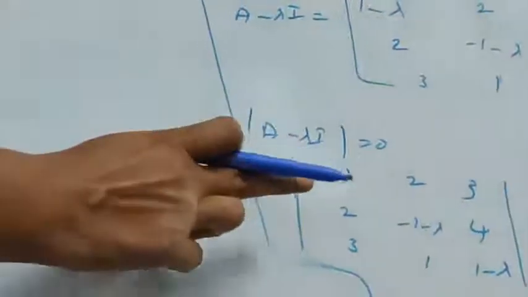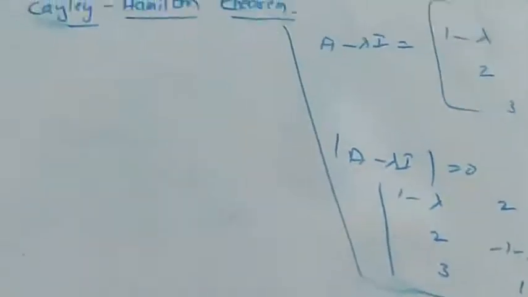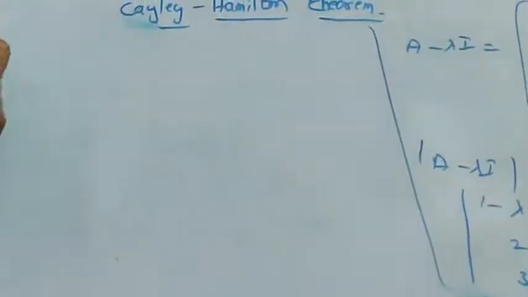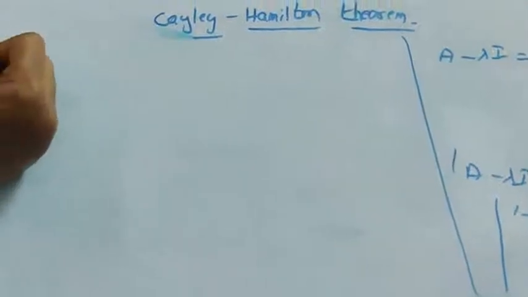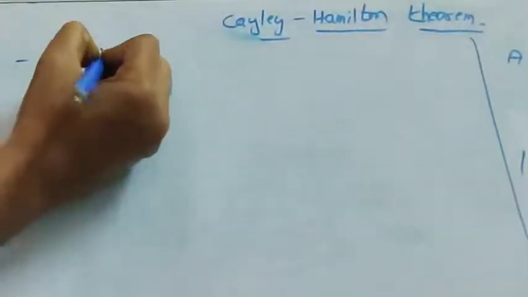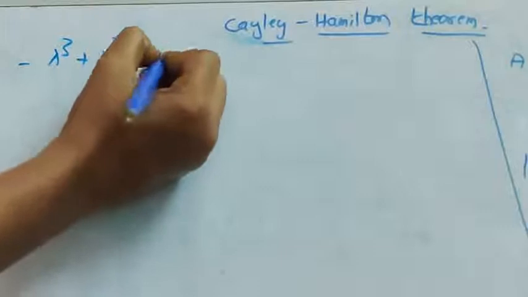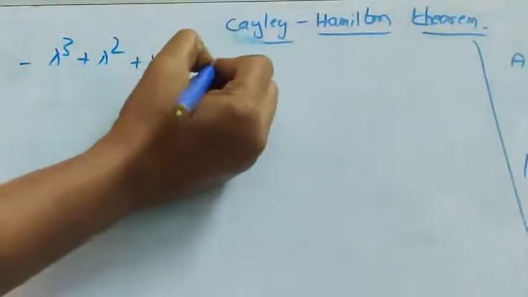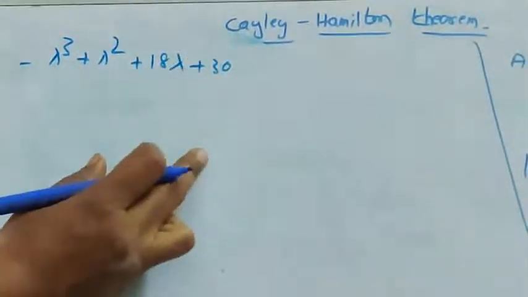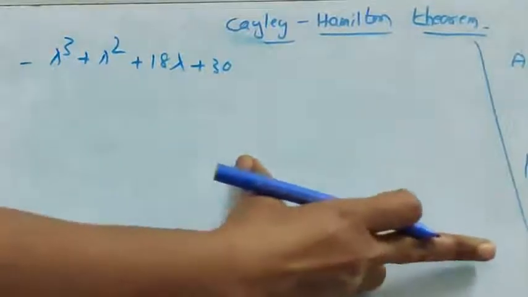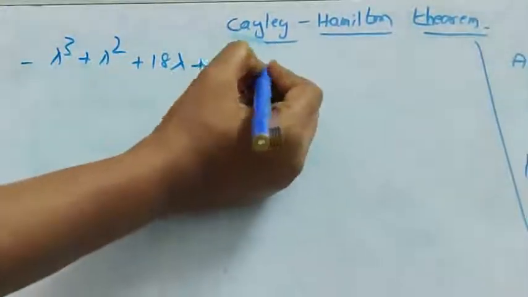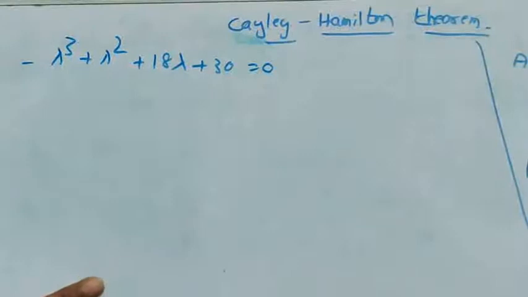So by solving the determinant of this matrix, we will get minus lambda cube plus lambda square plus 18 lambda plus 30, which will be equal to 0.